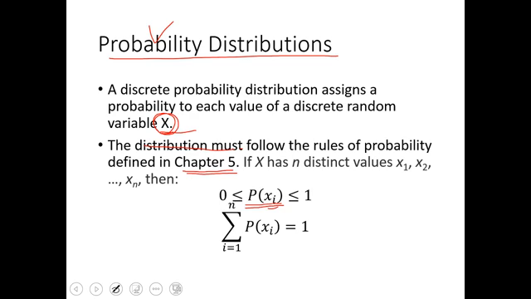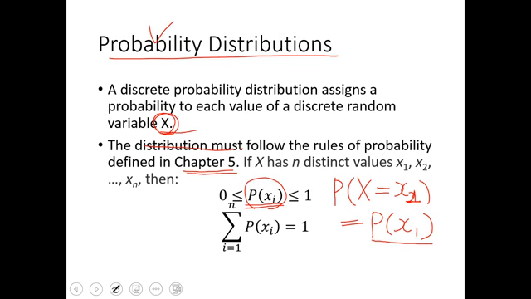The probability that our random variable x has value x1 is denoted by probability of x1. The probability that x has value x2 is denoted by probability of x2, something like that.